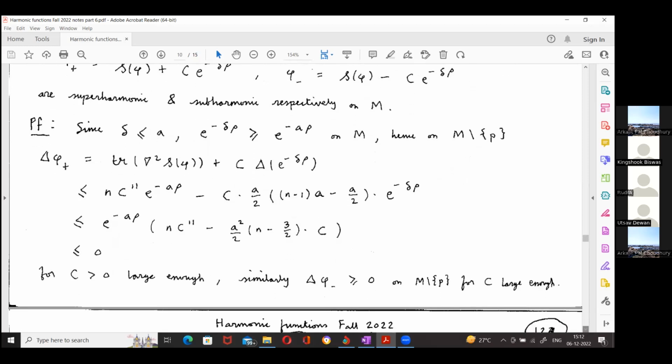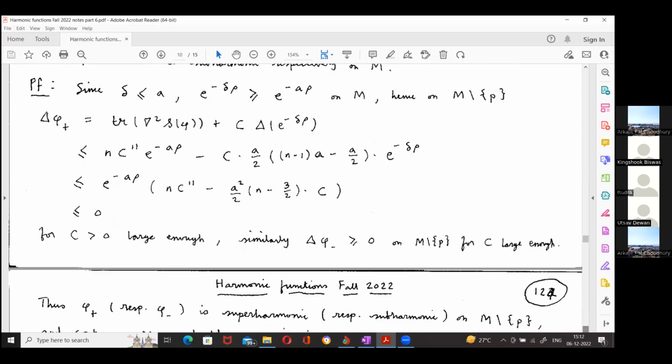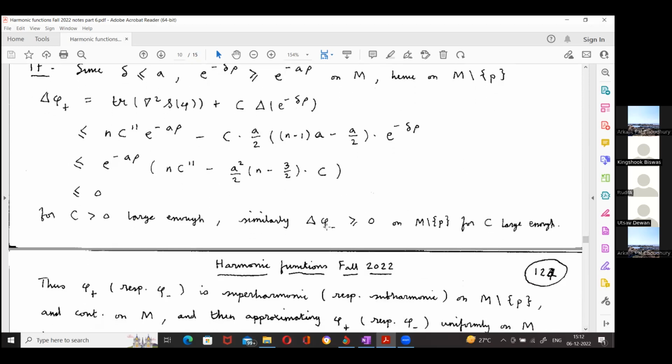So similarly, we can show that the Laplacian of s phi minus c times e to the minus delta rho will be greater than or equal to 0. Same kind of calculation will give you that this is greater than or equal to 0 on m minus p if c is large enough.